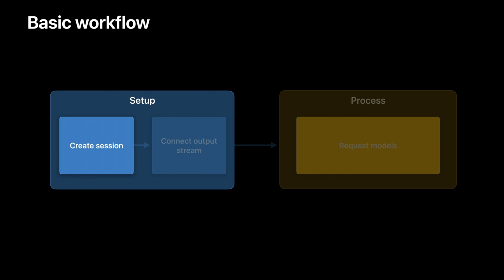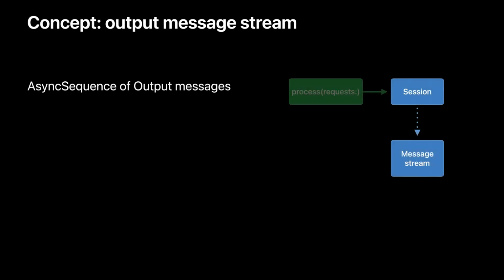Now that we've successfully created a session object, we need to connect the session's output stream so that we can handle messages as they arrive. After the message stream is connected, we will see how to request models that will then arrive on that stream. We use an async sequence, a new Swift feature this year, to provide the stream of outputs.